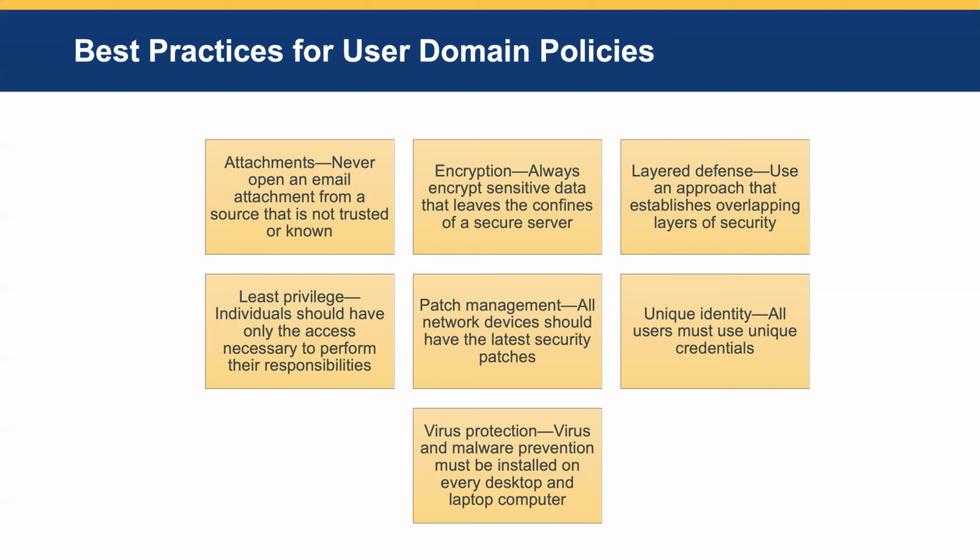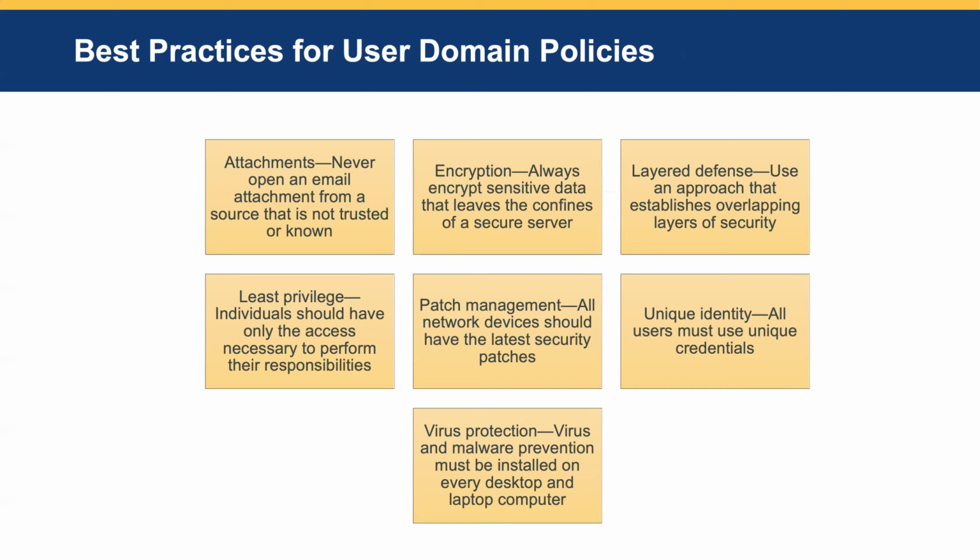This can include attachments, and in that we never want to open an email attachment from a source that is not trusted. We also need to make appropriate considerations when it comes to encryption. When dealing with encryption, we want to always encrypt sensitive data that leaves the confines of a secure server.